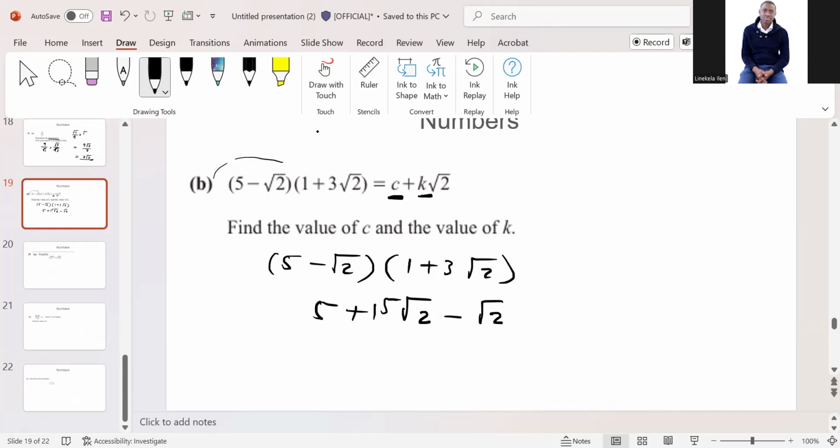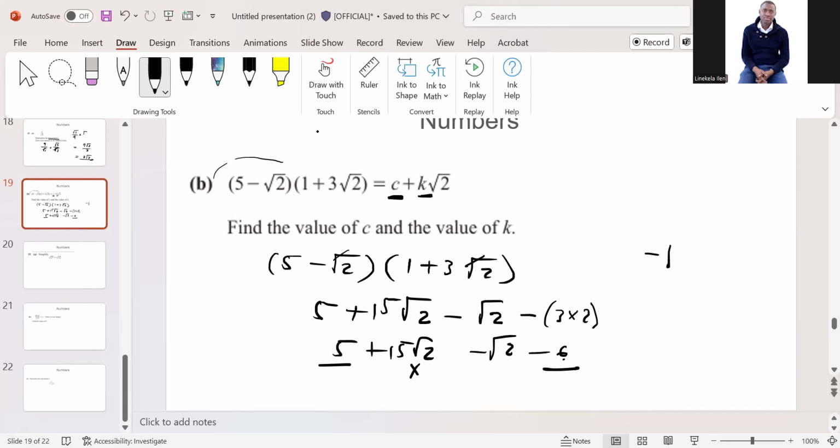In this case, it's a negative multiplied by a positive, so it will just be negative. Remember there was a 3 there already, so I'm going to put the 3. Because these roots are the same, they will just cancel, and there will only be 2. So 3 times 2 will give me 6, so that will be negative 6. And here negative √2 plus 15√2 plus 5. These are the numbers, so I can subtract the 6 from the 5. I will be left with negative 1.